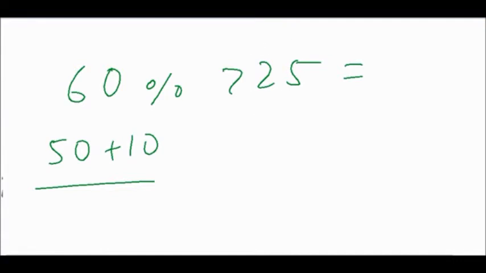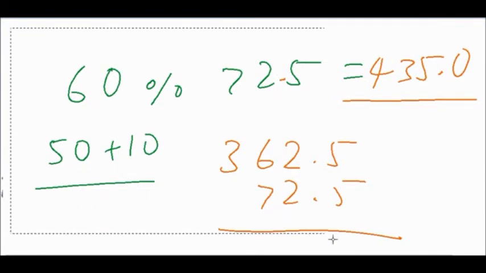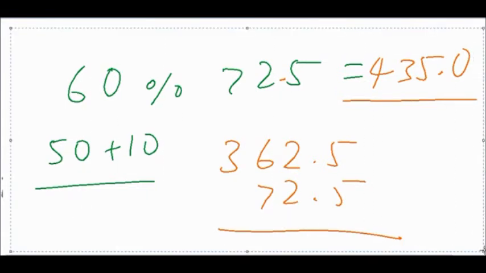Half of this number is 362.5. 10% is just putting a decimal point in this, so we have to add 72.5 to it. So 0, 5 plus 2 is 7, and so on, and this is our answer, 435. Easy. You can calculate it in your head itself. Now we'll have some questions, and you try to solve them yourself by pausing the video.